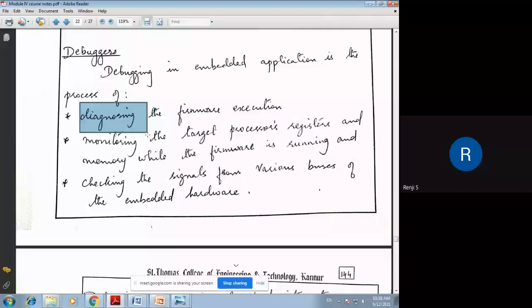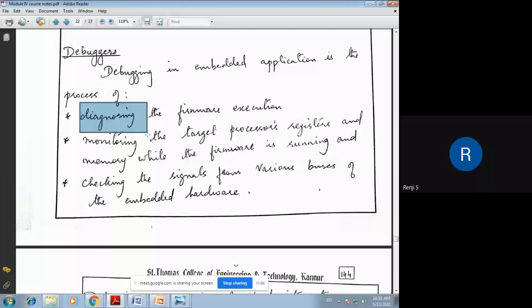The second point is that it monitors the target processor's registers and memory while the firmware is running. While the firmware is in execution, the debugger can check the value of the register contents and the memory contents at different intervals, and see whether the firmware is working correctly.